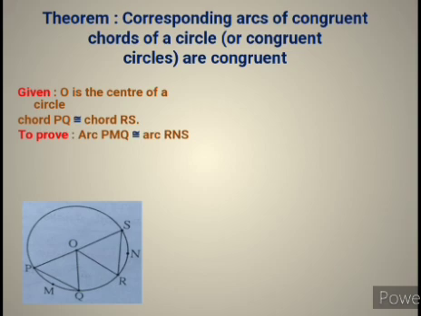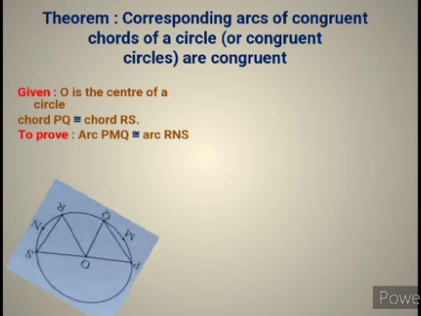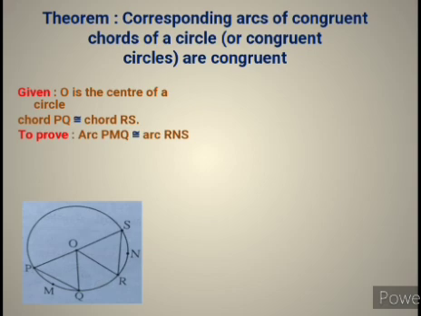In the figure, O is the center, and PO, OQ, OR, OS are the radii of the circle, PQ is a chord and RS is also a chord. Then we have to prove that arc PMQ and arc RNS are congruent.